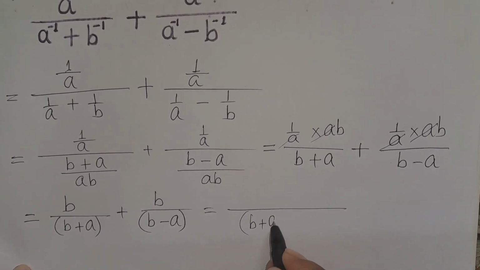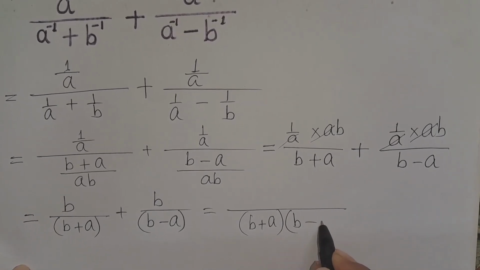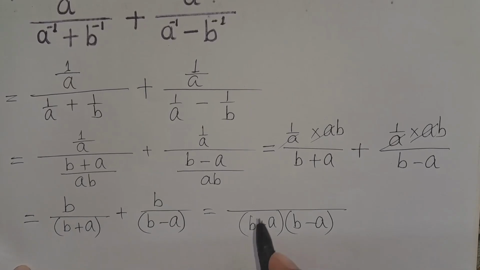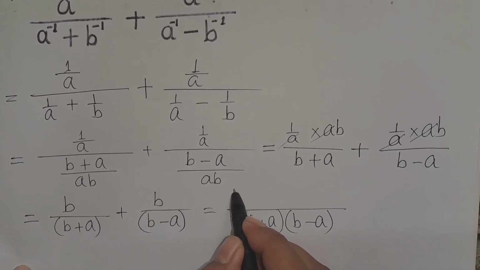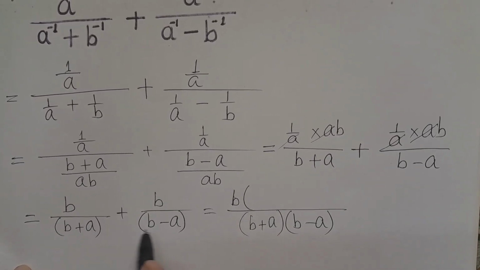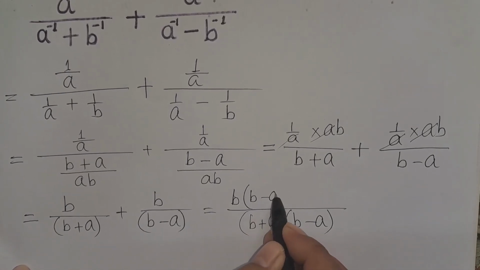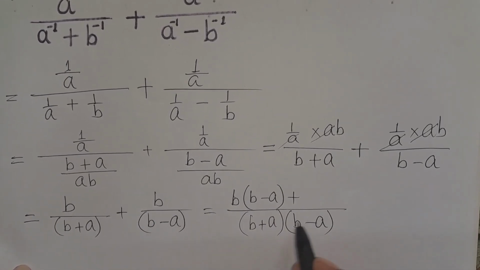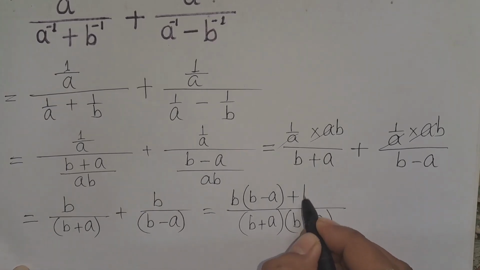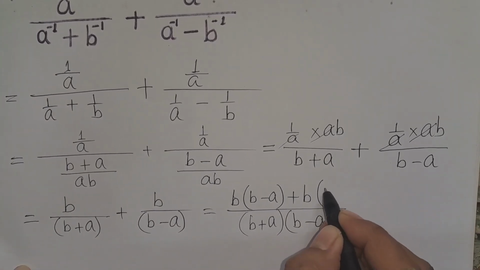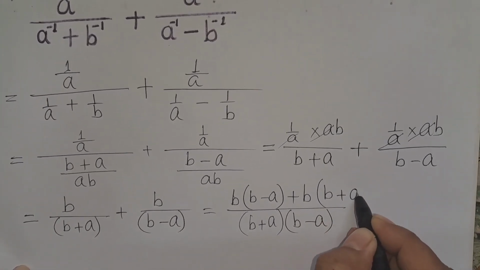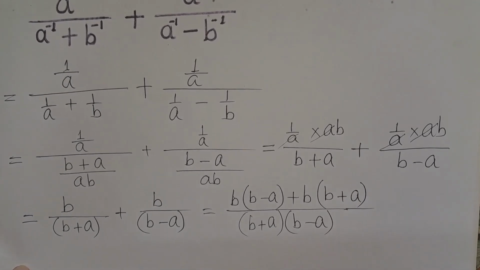The LCM will be simply multiplying these two, (b plus a) multiplied by (b minus a), and the first numerator will be multiplied with the second denominator, that is b into (b minus a), and the second numerator will be multiplied with the first denominator, so b into (b plus a).